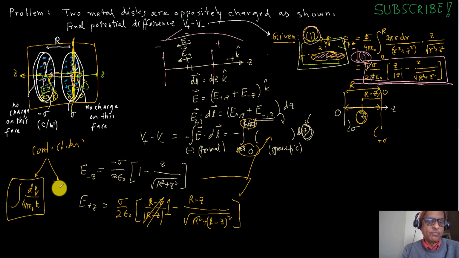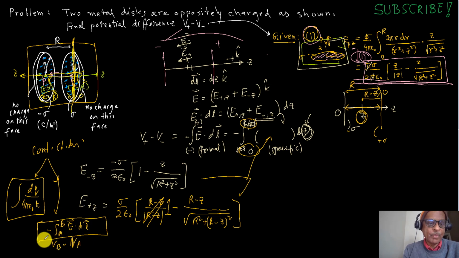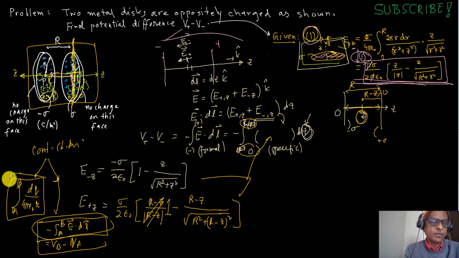Or you can go through minus the integral from a to b of E dot dl, which just gives you V b minus V a. So you go this route, a to b. Which route depends on which one is easier to do. If it's very easy to get the electric field and the electric field is not that complicated, then often this is the path to go.